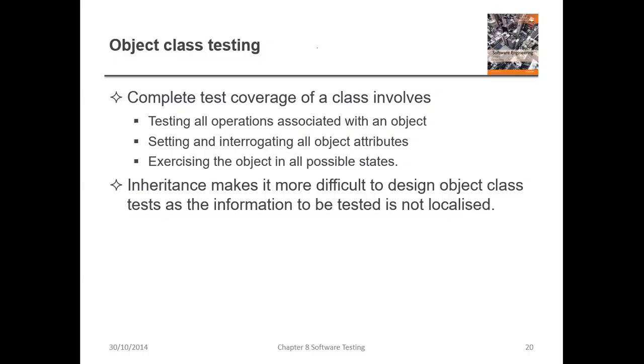Now the states define the values of the attributes of a particular object. So for example, if you have an object called a car, now this car will have an engine type, it will have specific values for all the attributes that a car is supposed to have.